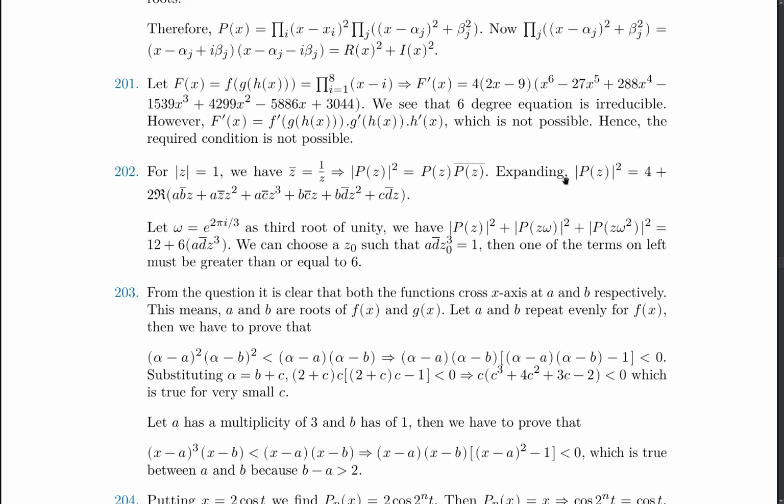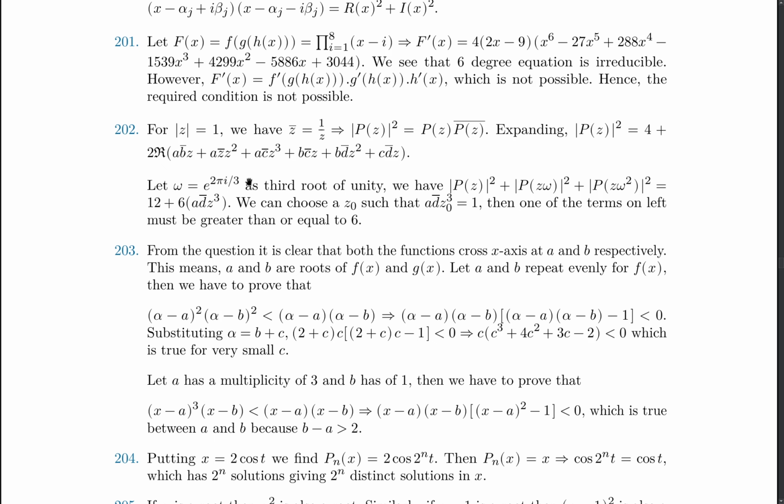So we expand this and we get mod of p z whole square is equal to 4 plus 2 of real of (a b bar z plus a c bar z square plus a d bar z cube plus b c bar z plus b d bar z square plus c d bar z). So this is what we obtain for mod of p z square. The real part is taken, imaginary is discarded, because modulus will not have the imaginary part.